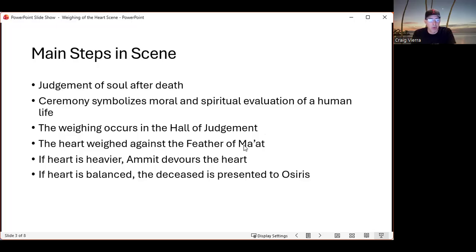So very, very important. And I'm going to keep highlighting her as the feminine and pulling her out into the light as we continue to go on.